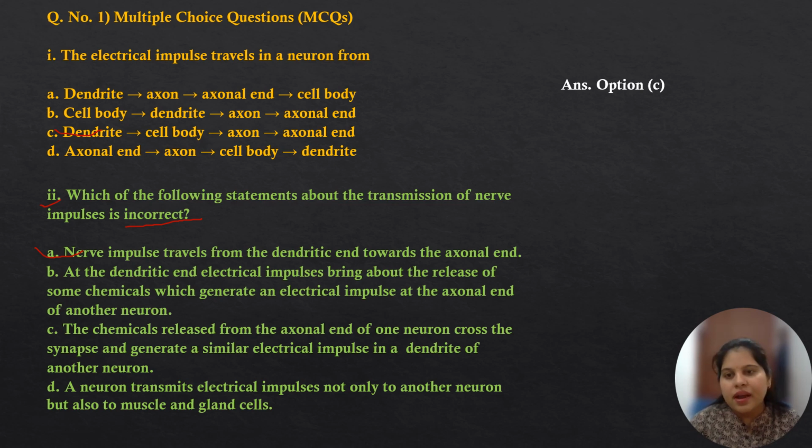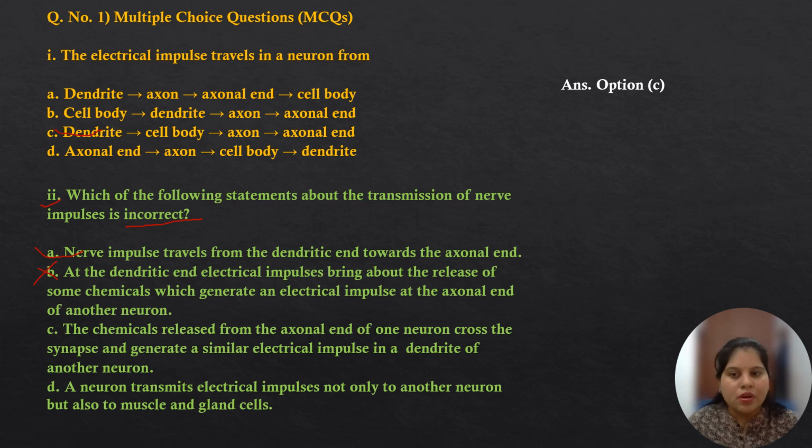Statement B is, at the dendritic end, electrical impulse brings about the release of some chemical which generates an electrical impulse at the axonal end of another neuron. No, this is the wrong statement because not at the dendritic end, it is at the axonal end. Electrical impulses bring about the release of some chemicals which generate an electrical impulse.